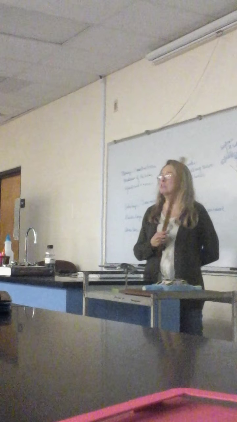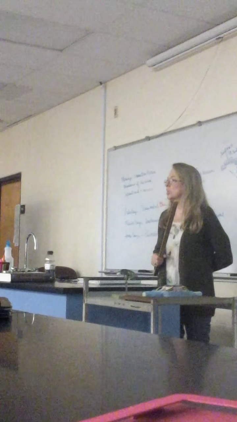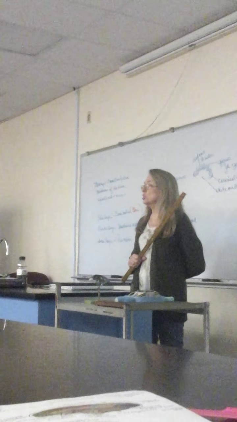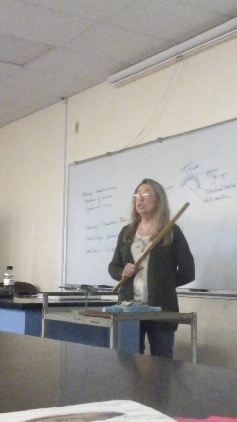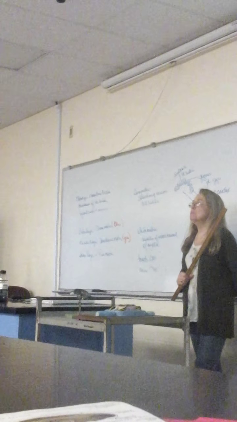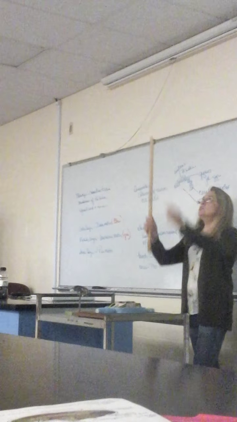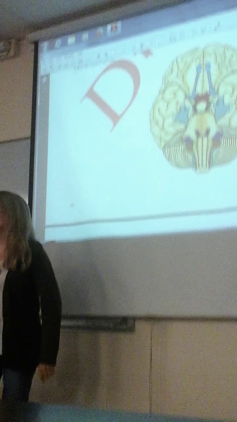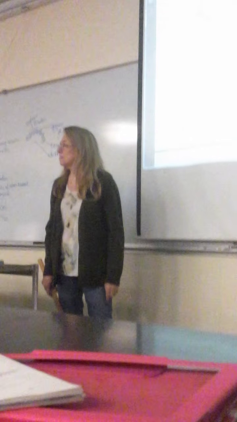Now we're going to get them by color. So let's list them from 1 to 12 by color. Out to the side there, write what color they are. And then we're going to come back and name them and talk about function. Now we number them from the front to the back. And as we move towards the back, we go laterally. Now, your brain's not flat like this one.